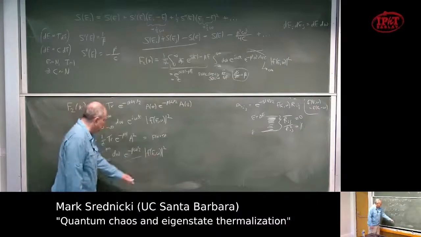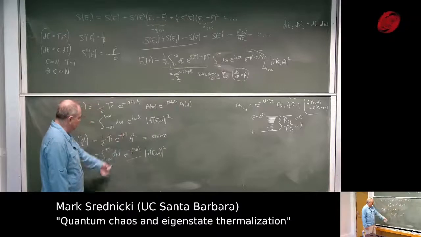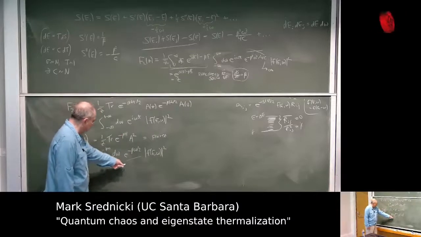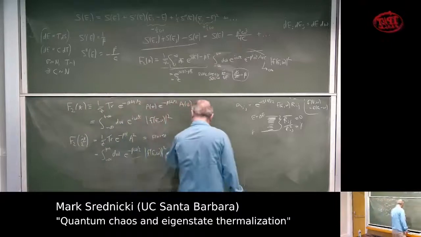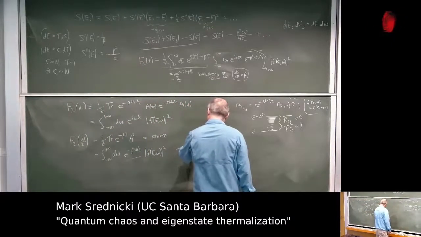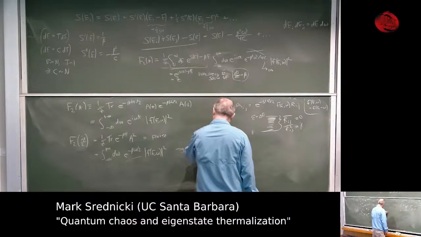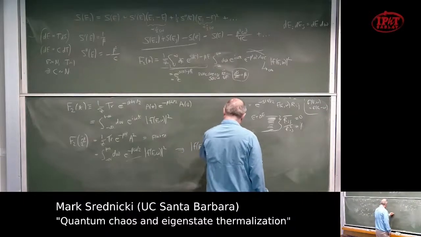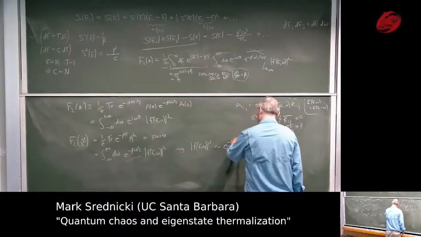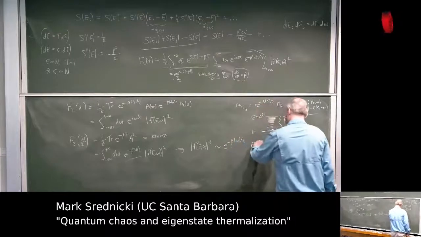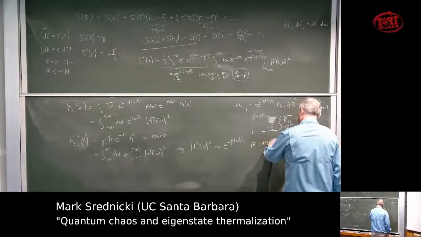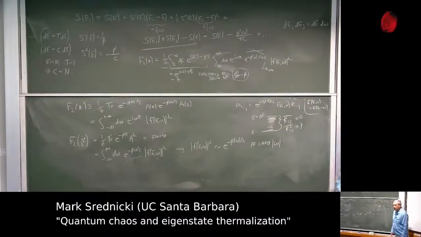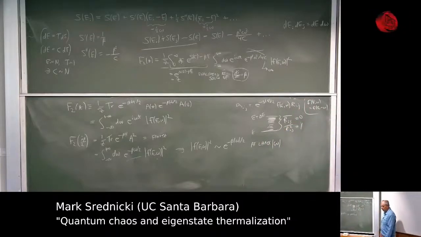And really, this is an even function of omega, so I could replace this by the hyperbolic cosine. But what this tells us is that for this to be finite, this has to decay exponentially at large omega.